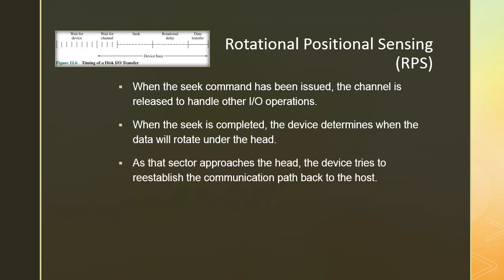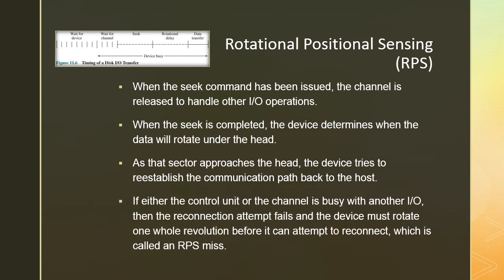As that sector approaches the head, the device tries to re-establish the communication path back to the host. That is, the device tries to grab an available I/O channel for data transfer.